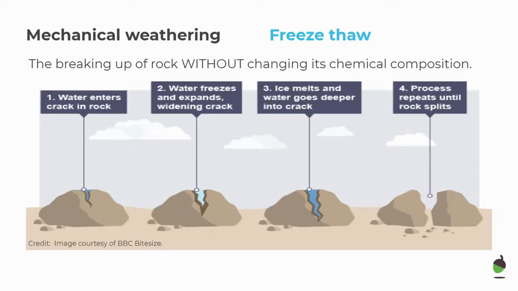In the morning, when it becomes warmer, the ice melts, and so the water can now go deeper into the crack that's been widened. This process will repeat and repeat until eventually bits of rock will splinter off. So this is an example of freeze-thaw weathering. And if we look at that term, freeze, so the water freezes to start with, and then it thaws. And thaw is another word for melt. So it's quite self-explanatory.